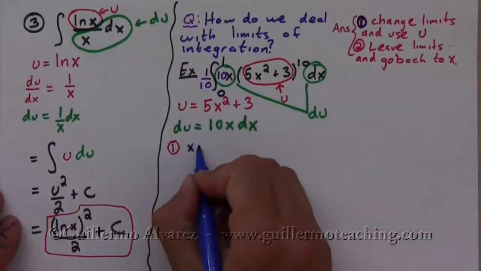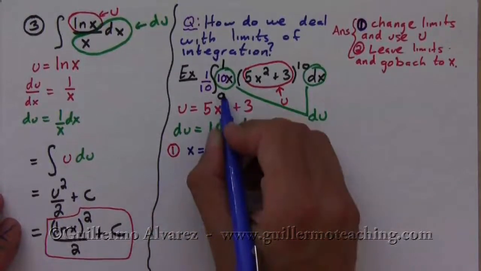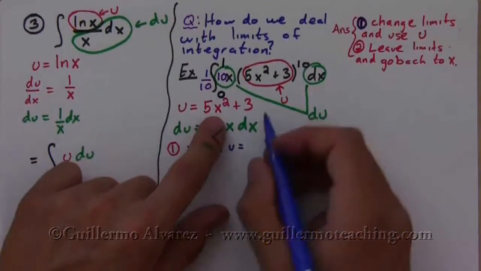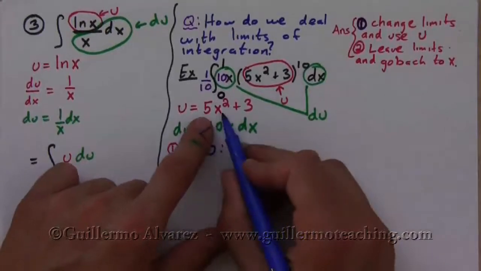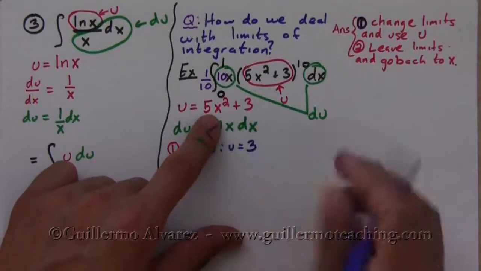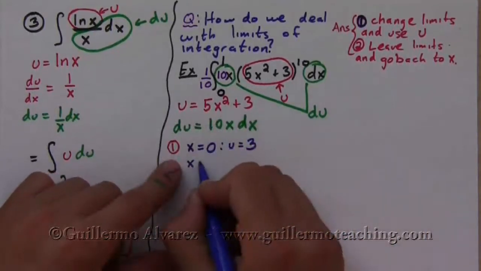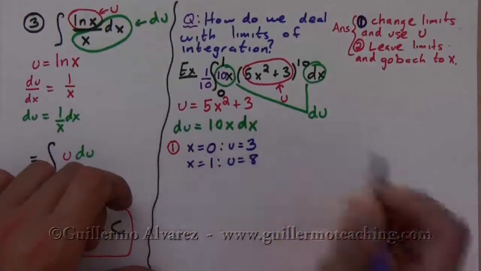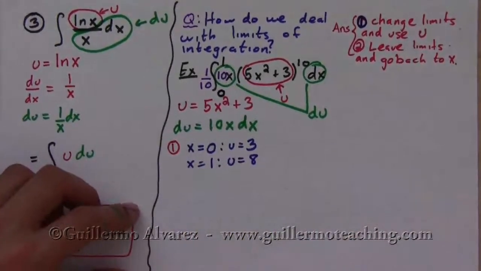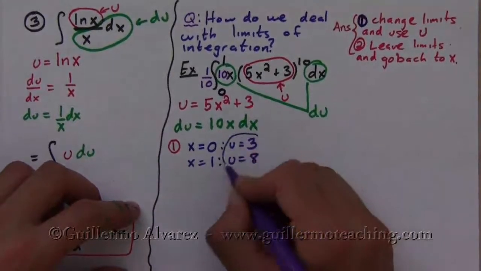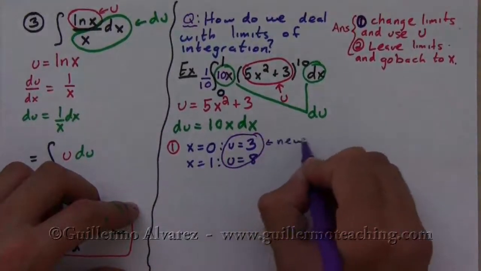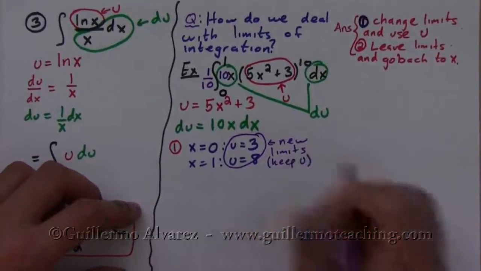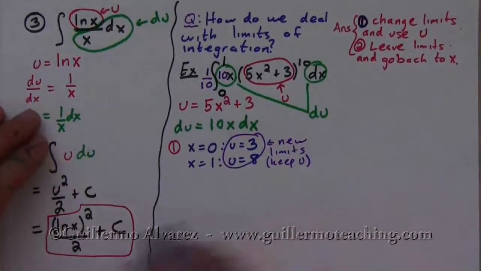So first thing we do is when x is equal to 0, which is the lower one, u is going to be, we plug in 0, so we're going to get 5 times 0 plus 3, that equals 3. And then when x is equal to 1, we get 5 times 1 plus 3, u is equal to 8. So these guys are going to be my new limits.